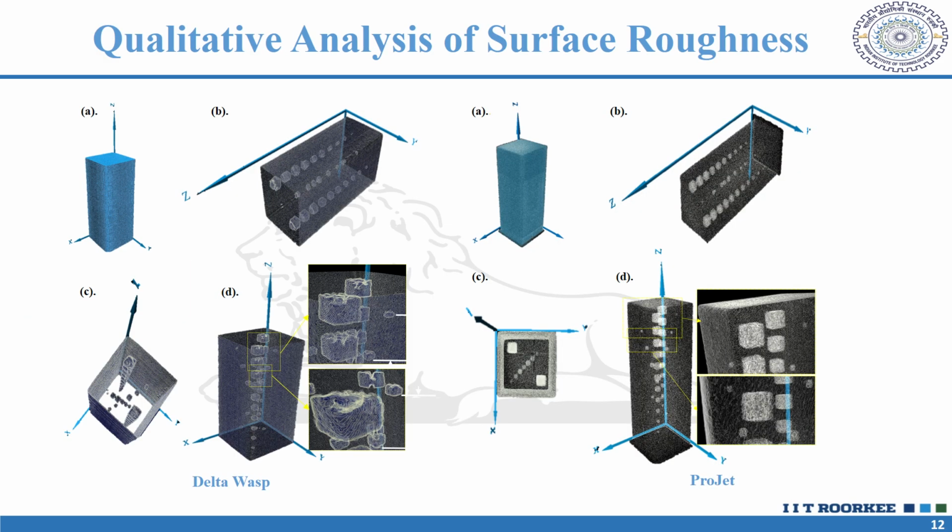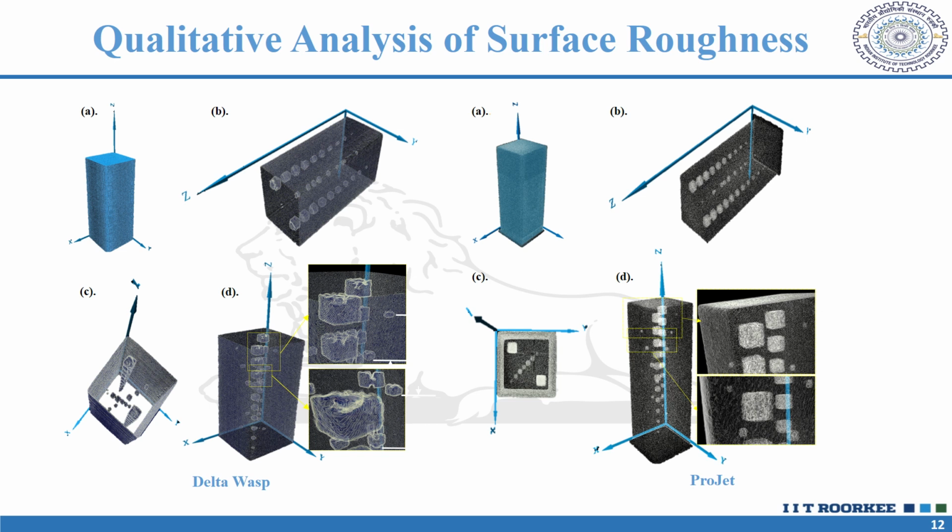And this is showing qualitative analysis, that is we can see how defects are distorted in the case of Delta Wasp but not so in the case of Project. First one is showing the shape of the voids printed by Delta Wasp. Second is showing the shape of the voids printed by Project.